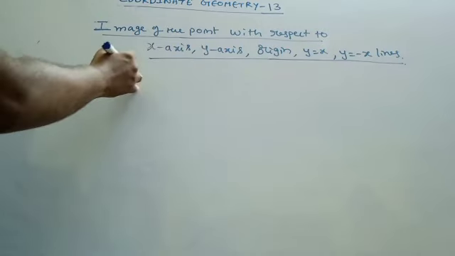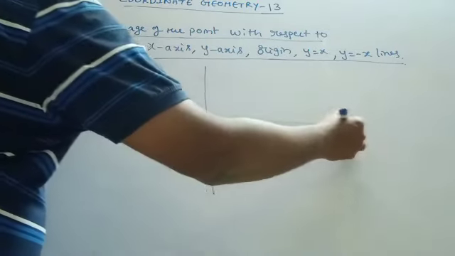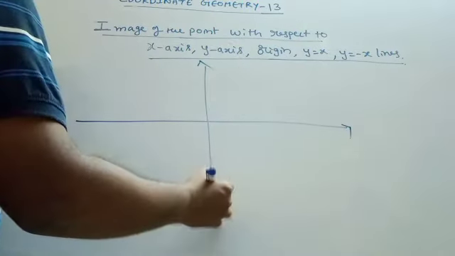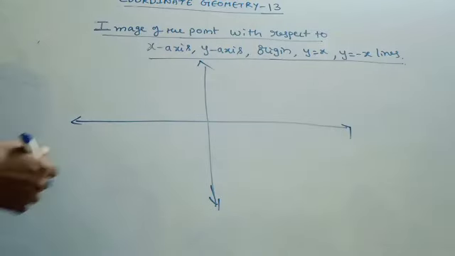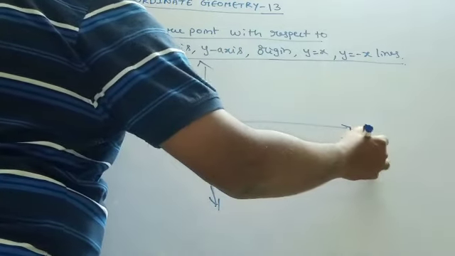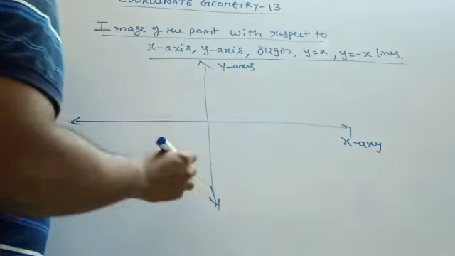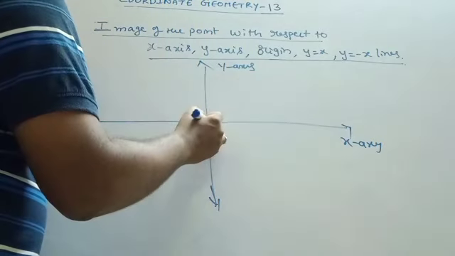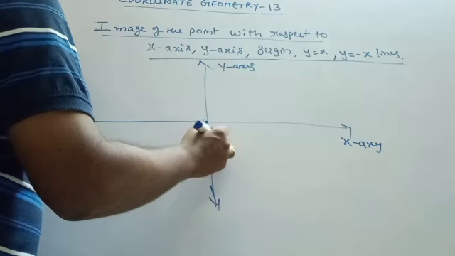Suppose, my dear students, here you have the coordinate plane, like this, and these are the coordinate axes. This is the x-axis and this is the y-axis. Suppose this is the origin, O, which is 0 comma 0.